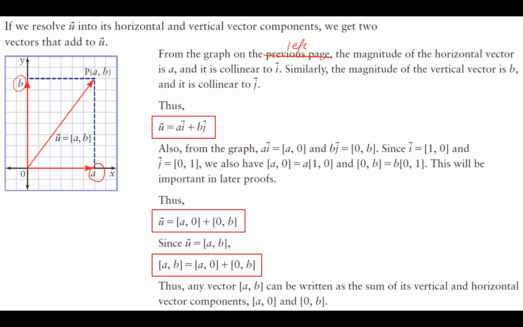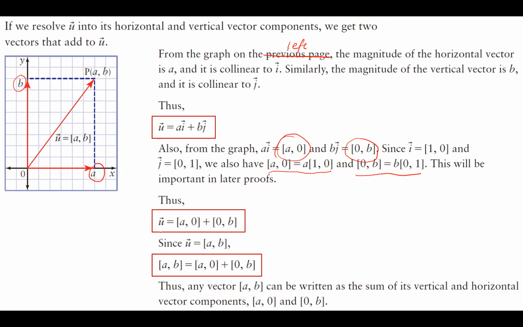Also from the graph, we know a times vector i equals [a, 0]. This is a representation for Cartesian vectors, right? And b times vector j can be represented using [0, b]. Since unit vector i equals [1, 0] and unit vector j equals [0, 1], we also have this relationship: [a, 0] equals a times [1, 0], and [0, b] equals b times [0, 1]. This will be important in our later proofs.